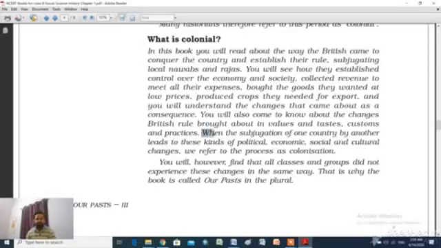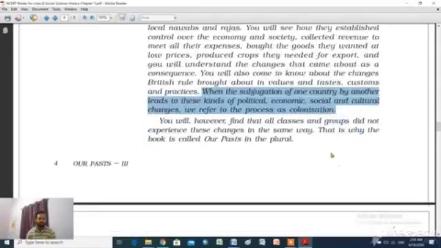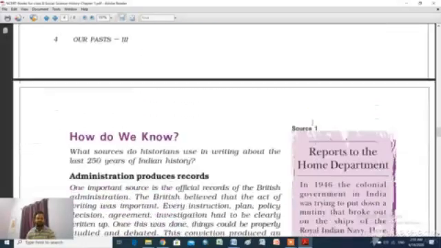Here is the definition: when the subjugation of one country by another leads to this kind of political, economic, social, and cultural change, we refer to the process as colonization. So in India, there were different types of colonization by the British, French, Dutch, etc. You know that.